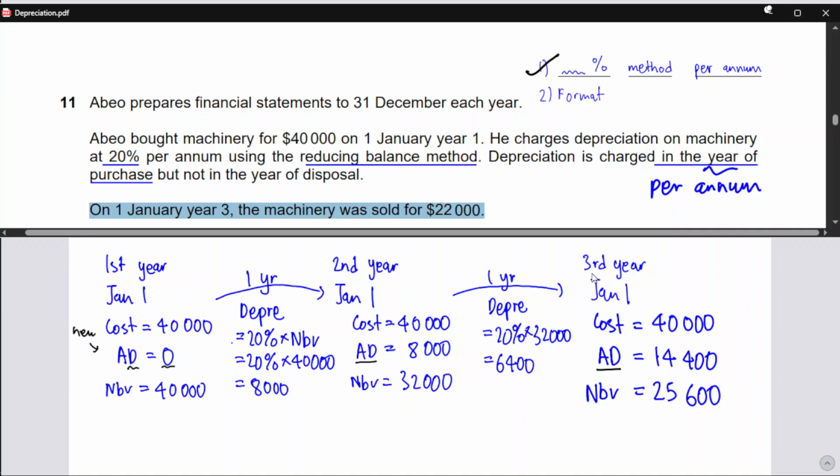Third year, January 1, he sells for 22K.